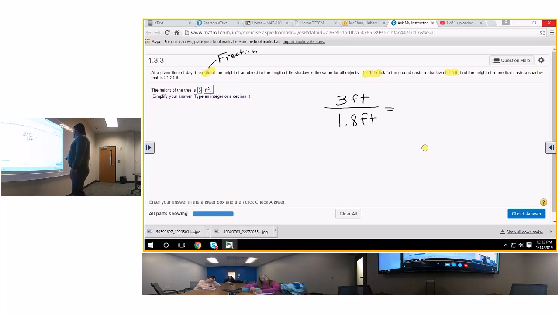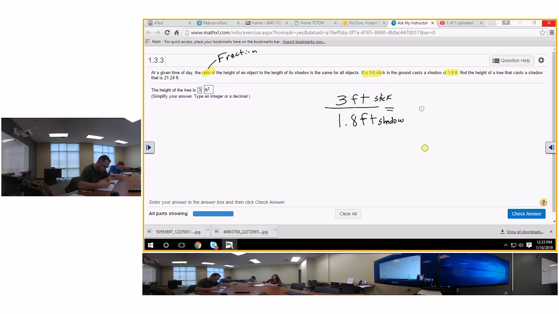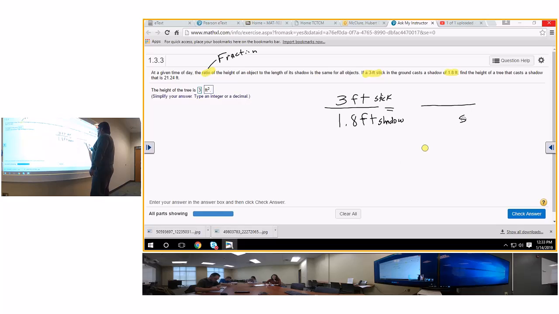Now, hold on a second. This is the stick. And this is the what? Shadow. Shadow. So I've got to put the shadow on the bottom over here, and I've got to put the stick or the object over here, up top.